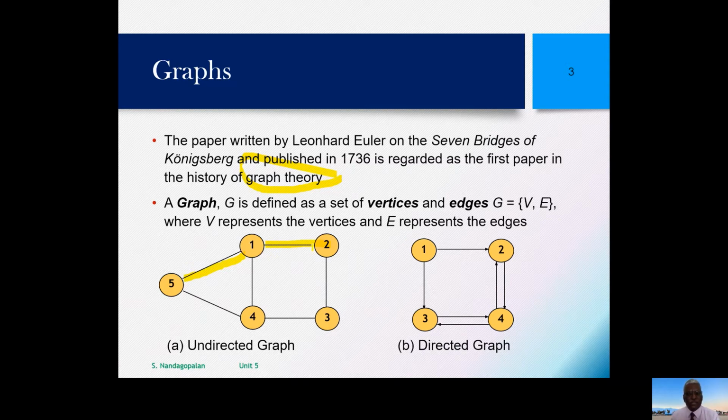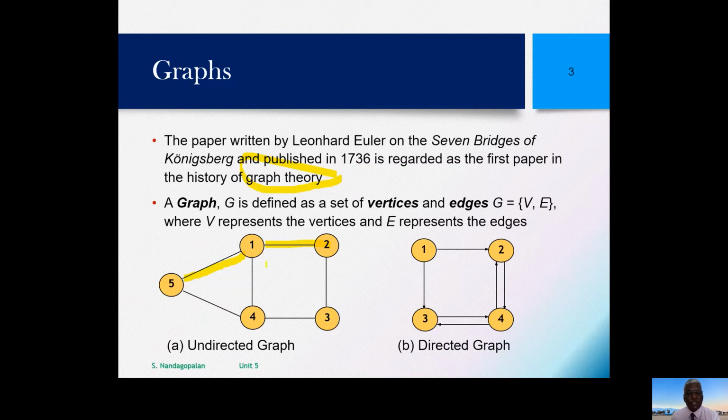So the entire city and road map can be shown as a graph, because cities are connected by roads, like vertices are connected by edges. Some of the roads could be two-way, that means I can travel from 1 to 2, or I can travel from 2 to 1. Similarly, I can travel from 2 to 3 and 3 to 2.